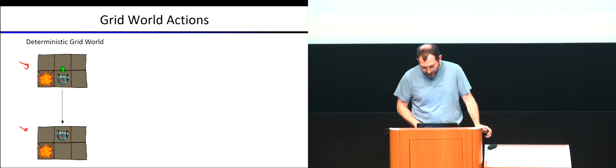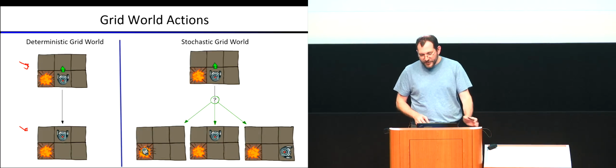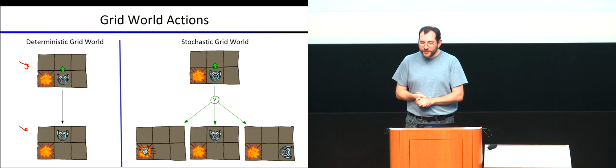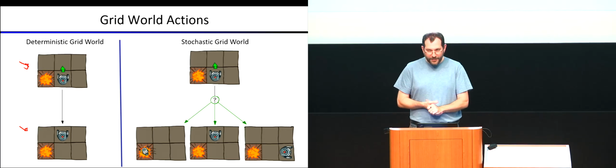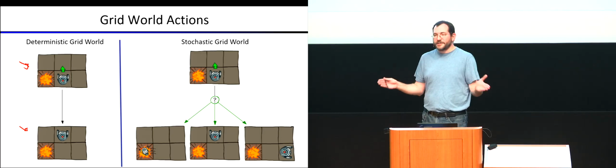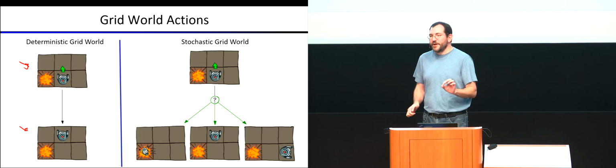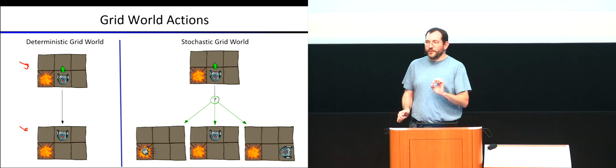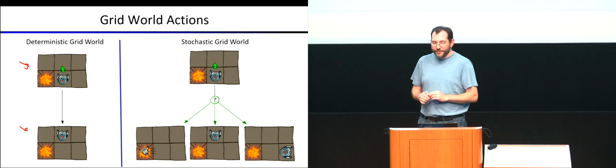In a Markov decision problem, it's non-deterministic, which means when I'm in a certain state, like the robot's right there to the right of the pit, and I choose to move north, there are multiple things that could happen. Importantly, in an MDP, I know the set of possible outcomes. And it's actually going to turn out I know the probability that each one will occur. I just don't know which one will occur in a given run.